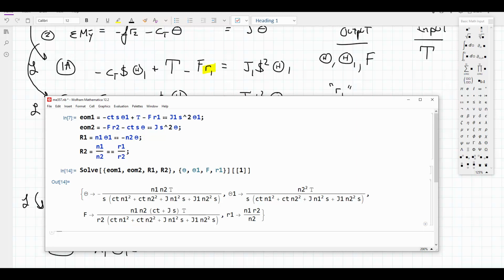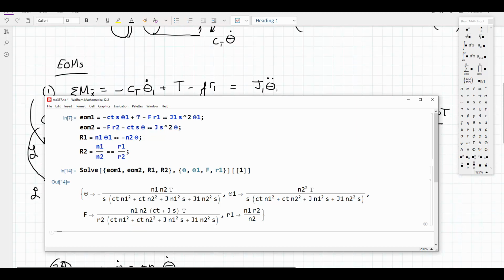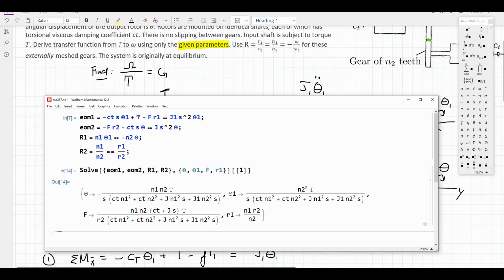Going back to, well, what were we trying to find here? We want omega over t. Omega is the angular velocity of the second rotor, but because I'm in the Laplace frequency domain, that omega doesn't appear anywhere because everything is in terms of theta, theta 1, and F. So what we want to do here is actually start with theta, because we're going to realize there is a relationship between theta and omega.